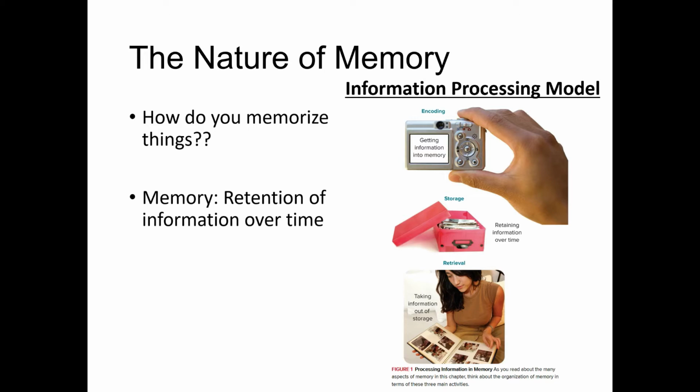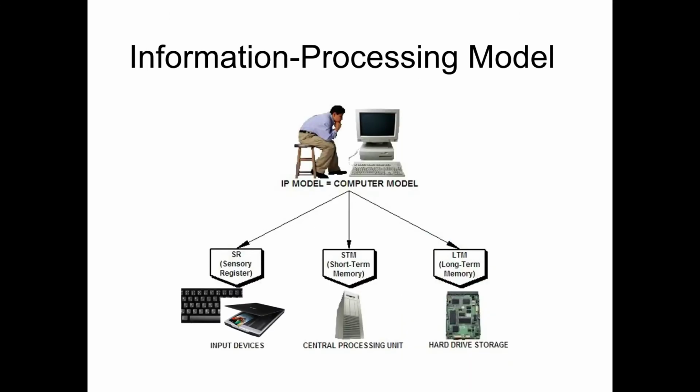So do these three processes sound familiar? Encoding, storage, and retrieval. This is pretty much how the computer works. But I'm not an expert in computers, so let me know if you want to ask something.